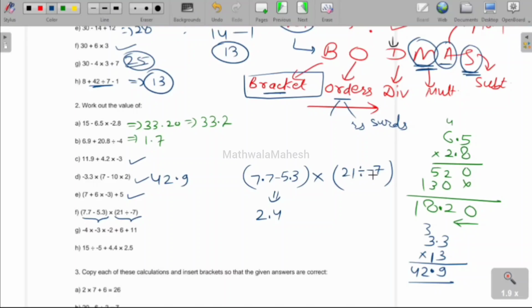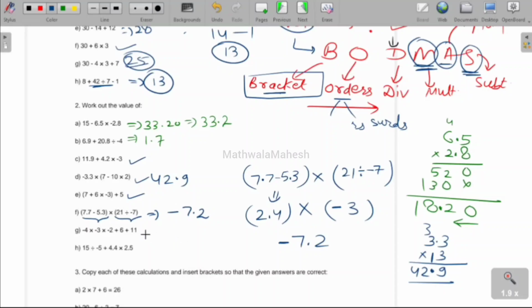So 21 by 7 is 3 and minus is there, so minus 3, and this multiply as it is, 2.4 into minus 3. So 2.4 into 3 is 7.2 and this minus sign is there. So the answer is minus 7.2. Okay.